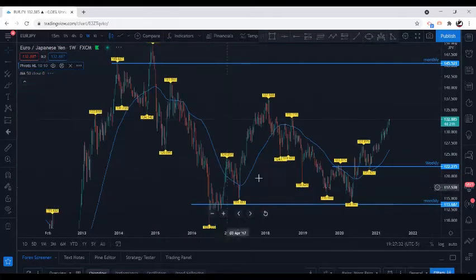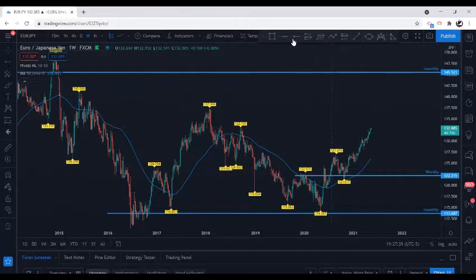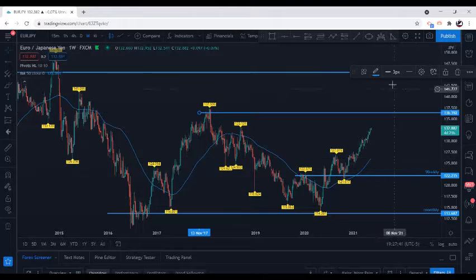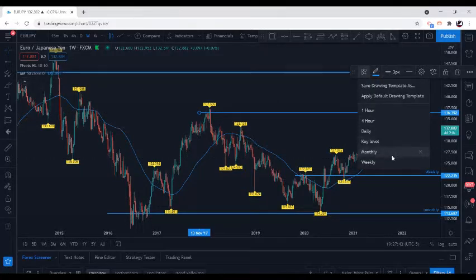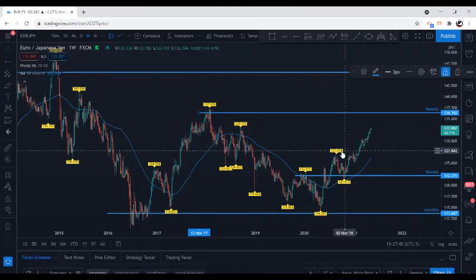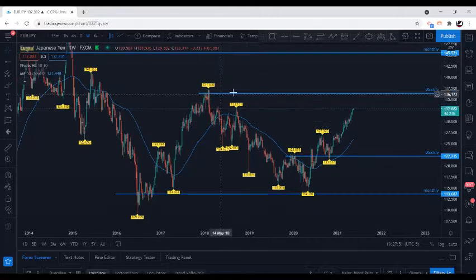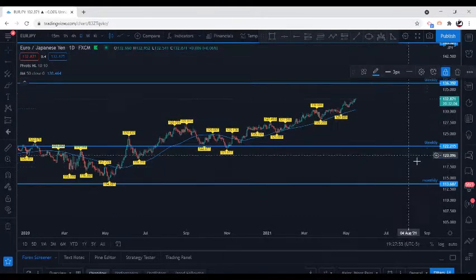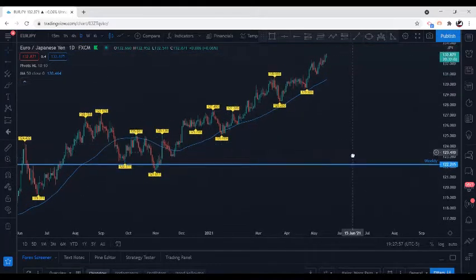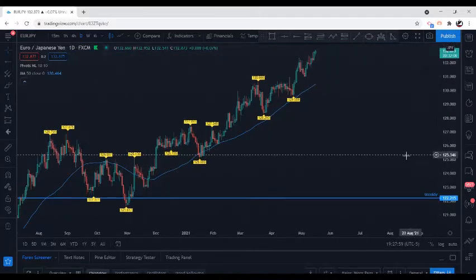So right now we're trending upwards to this significant high where price reacted in the past. When price retraced to this level in the past, we saw a sell-off. So this is a significant level that price can potentially retrace to and have a bounce in the future.